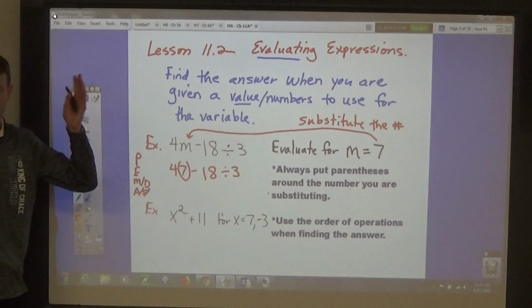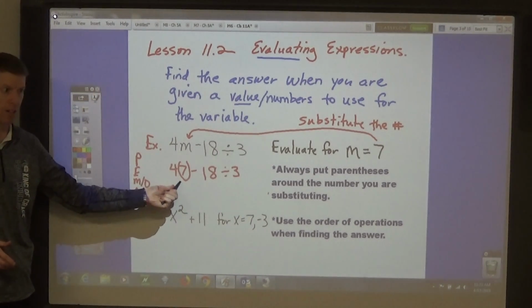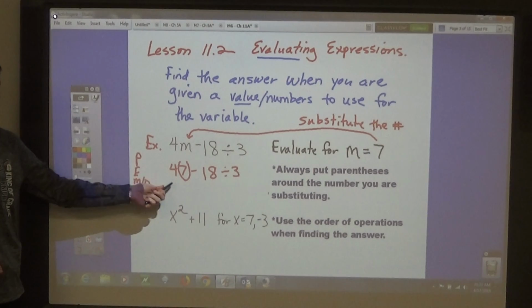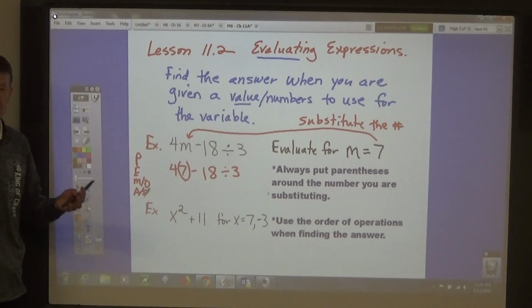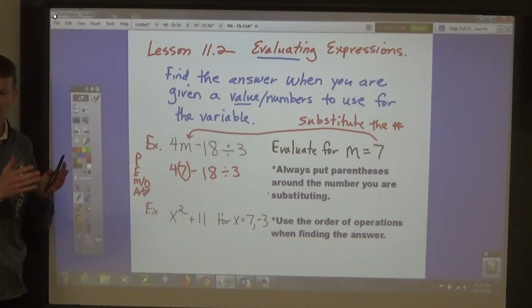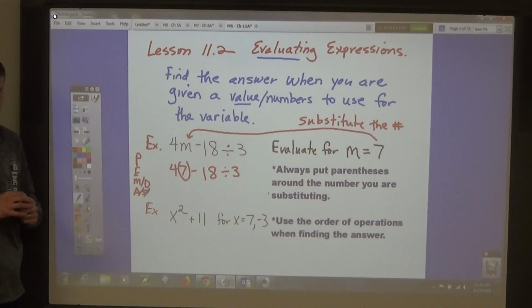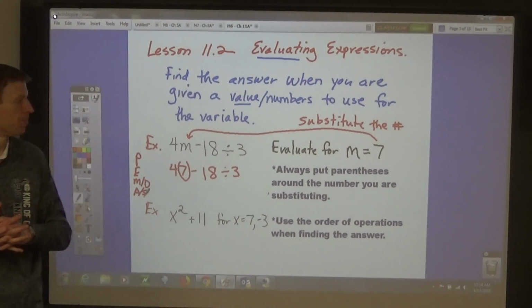We're playing algebra, and in algebra, you have to use the order of operations. You have to follow these rules. Would it be easier if you could just make up your own rules? Maybe, but then you wouldn't get the same answers. Everybody in the whole world, when they're doing math, follows the order of operations.